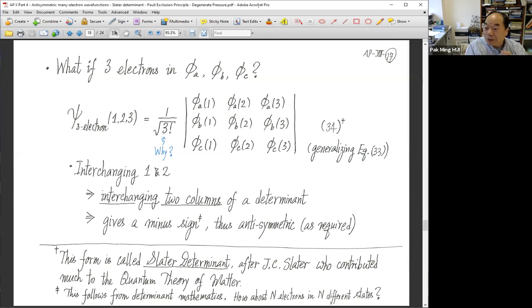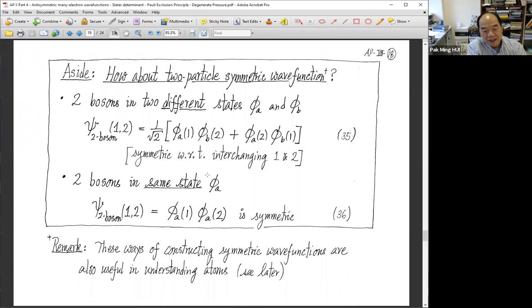So now we can handle any number of electrons in the same number of single electron orbitals. Now, we have left out another possibility, the plus combination, because we are looking for the antisymmetric one. I just want to mention that if you use this, you will get a symmetric one.